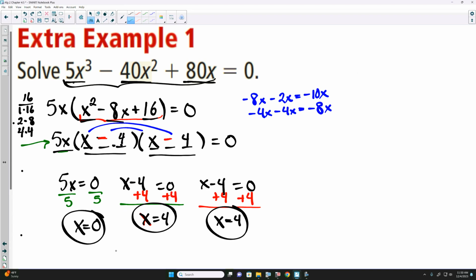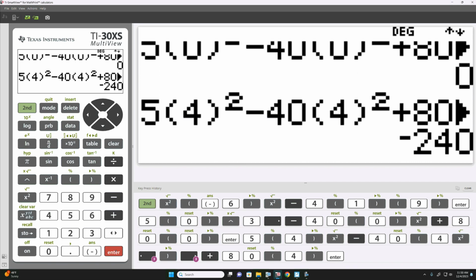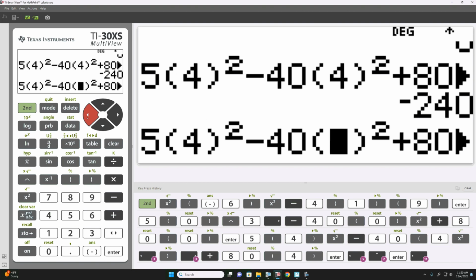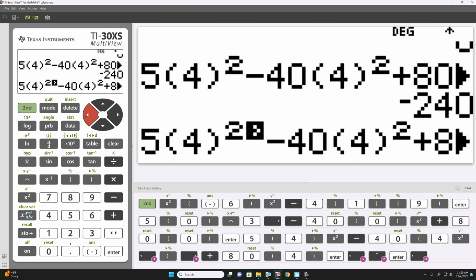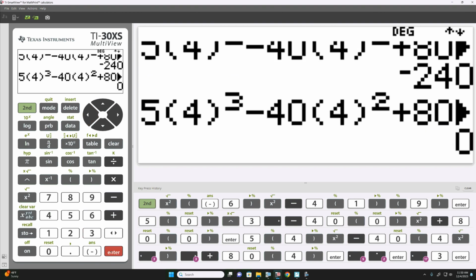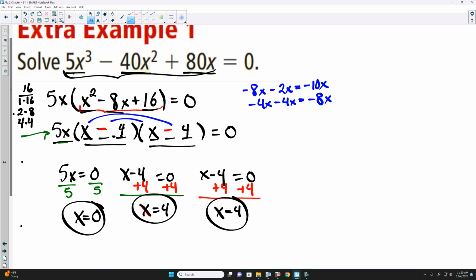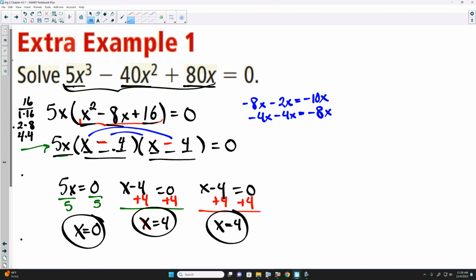Minus 40 plus 80. Ah, that's why. It should be cubed, not squared. 5 times 4 cubed minus 40 times 4 squared plus 80 times 4 does equal 0.